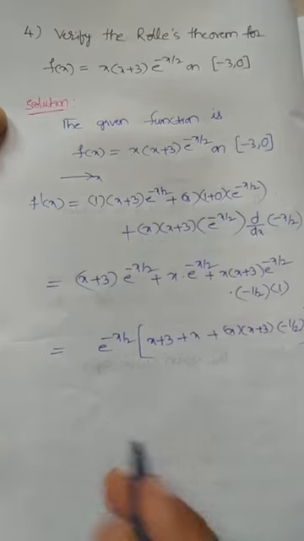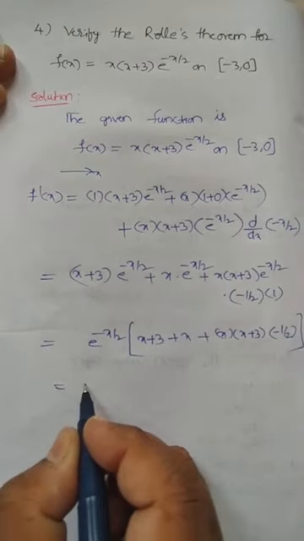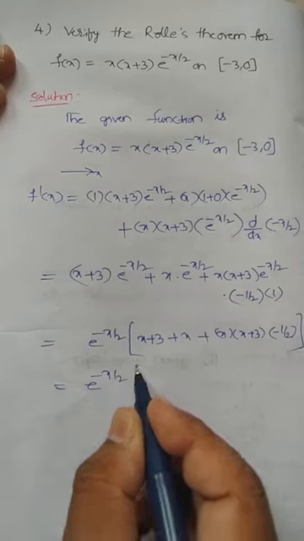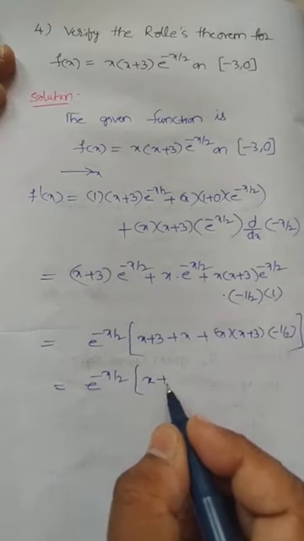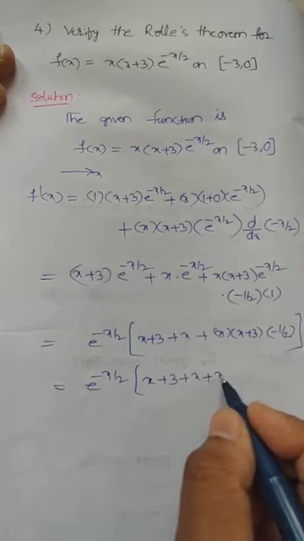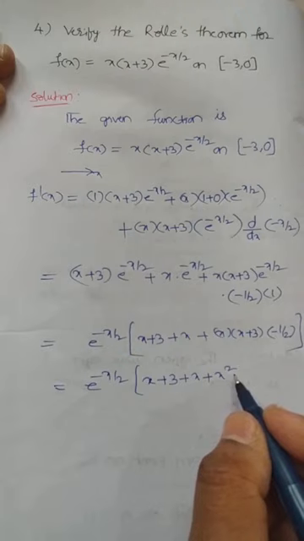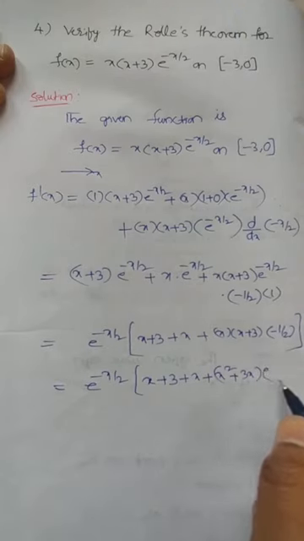You follow? So on simplifying this term, e power minus x by 2 into x plus 3 plus x plus, multiply this one, x square plus 3x into what now?